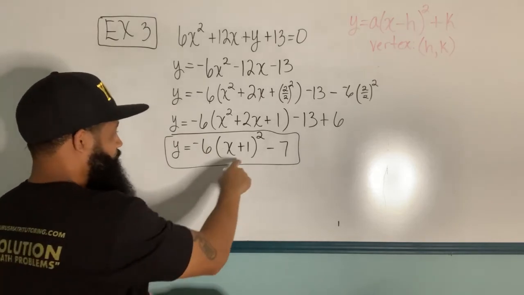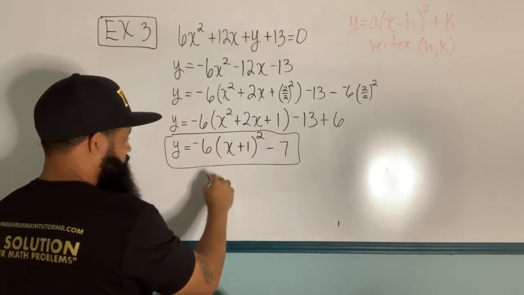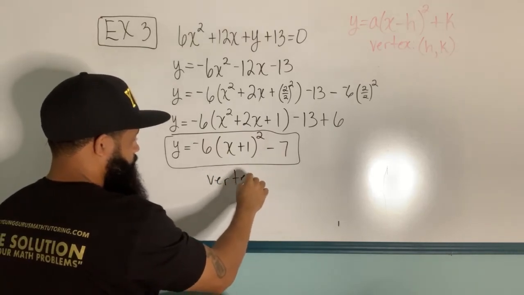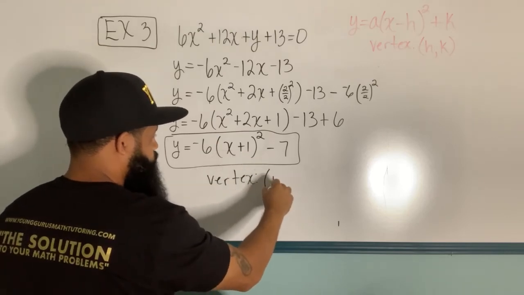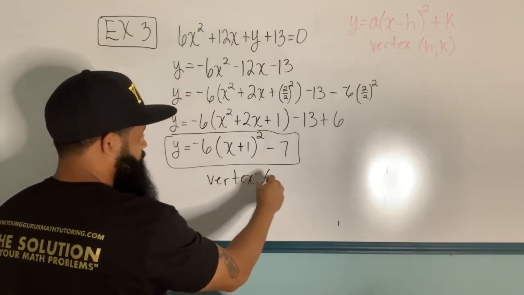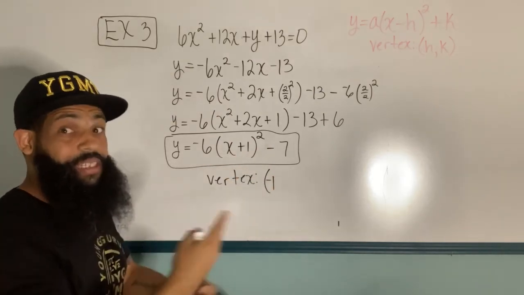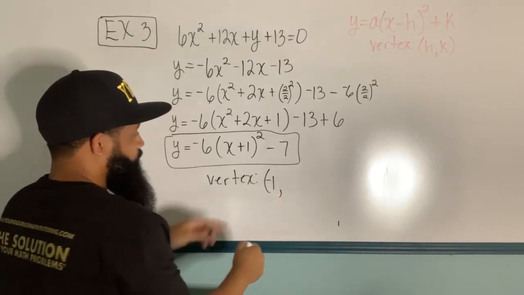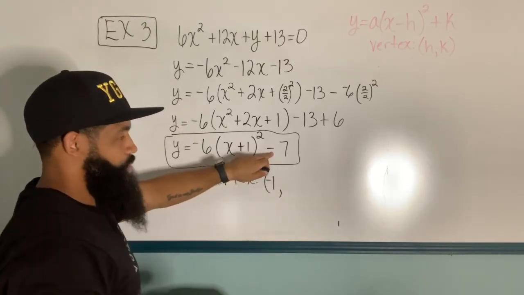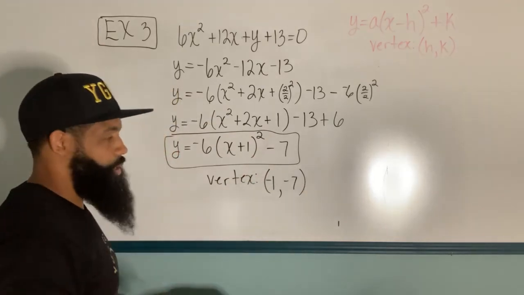Well, the vertex is still h and k. So the vertex here is going to be, this time, still 1. Actually, should be negative 1, because remember it's x minus h. So when I subtract the negative, I get a positive. So negative 1, and then plus k. Well, guess what? It's negative 7 in this case.